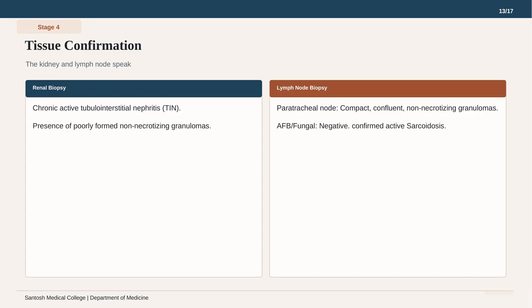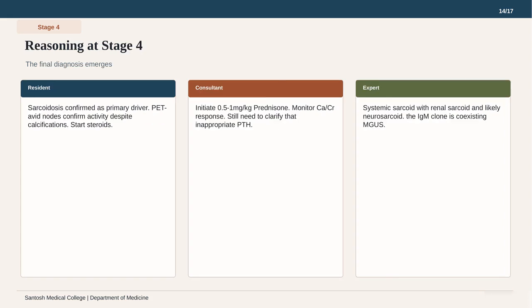With the pathology confirmed, the team must now agree on the final treatment strategy. Looking at the final reasoning stage, the team reaches a consensus based on the pathology. The resident acknowledges that sarcoidosis is the primary driver and recommends starting steroids immediately. The consultant agrees, suggesting initiation of 0.5 to 1 milligram per kilogram of prednisone while monitoring the calcium and creatinine response.